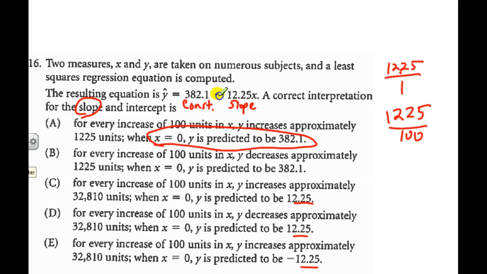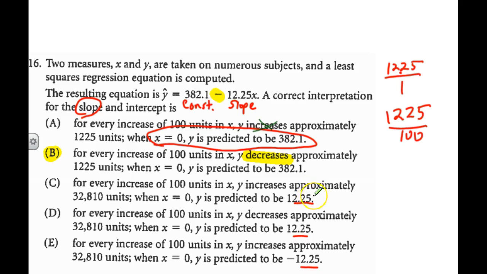You can see that this is a negative sign here. And so we know the slope is negative, which means it does not increase there. That would not be the right word. We think that y is decreasing approximately 1,225 units for every 100 units increase in x. x is down below, slope is y, rise over run. When x is 0, y is predicted to be 382, so this is definitely the right answer. A is very tempting there, but it's not the case.